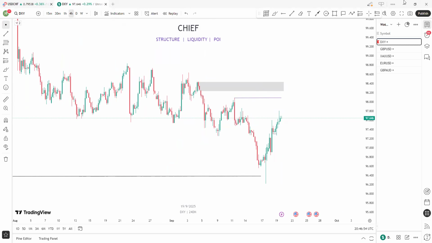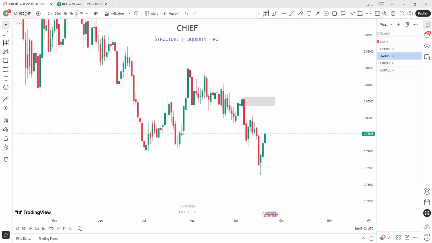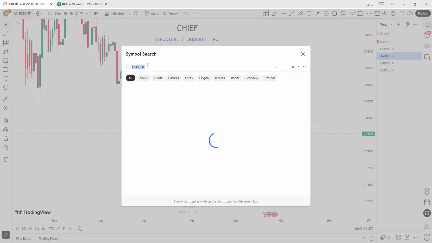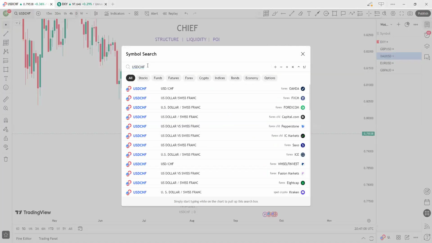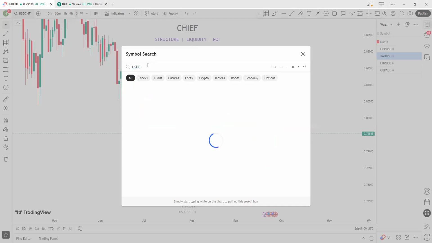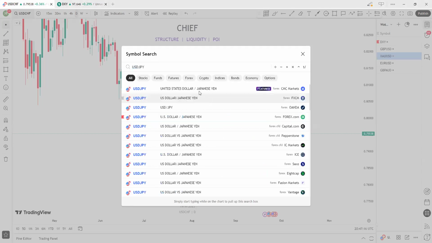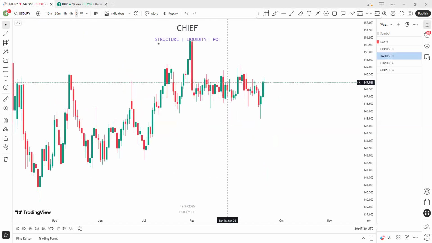Once you analyze DXY, I can even blindly trade any other pairs. Let's check that out specifically. There might be some exceptions, because not all these pairs use currency correlation every time. But most times you will see the same thing on them.